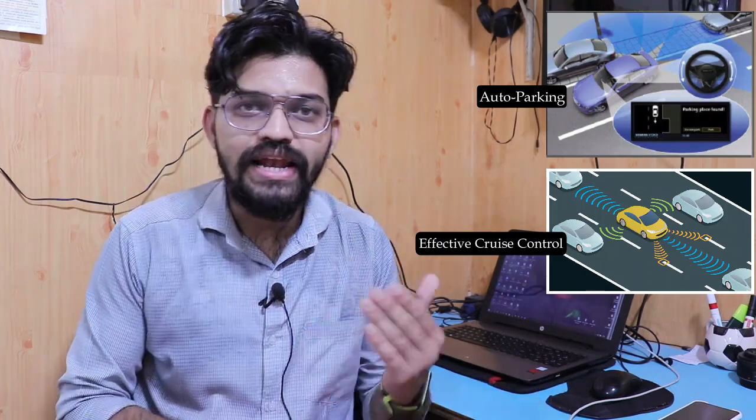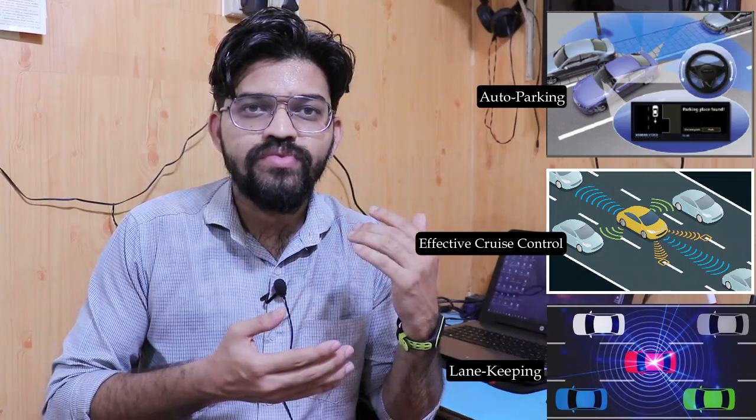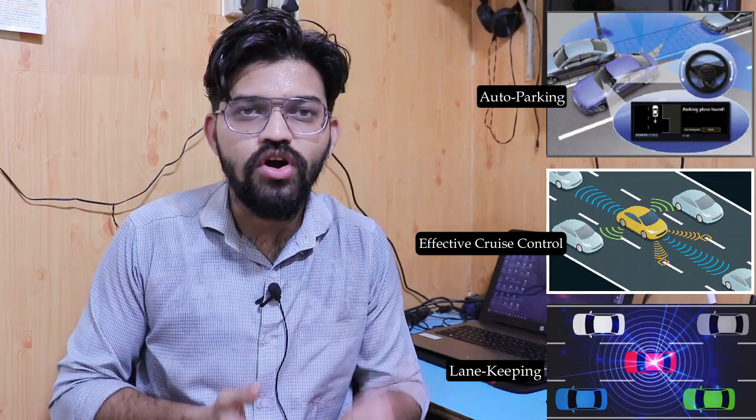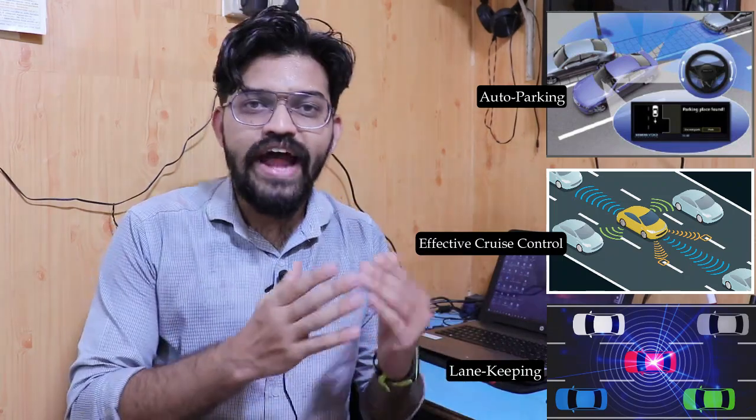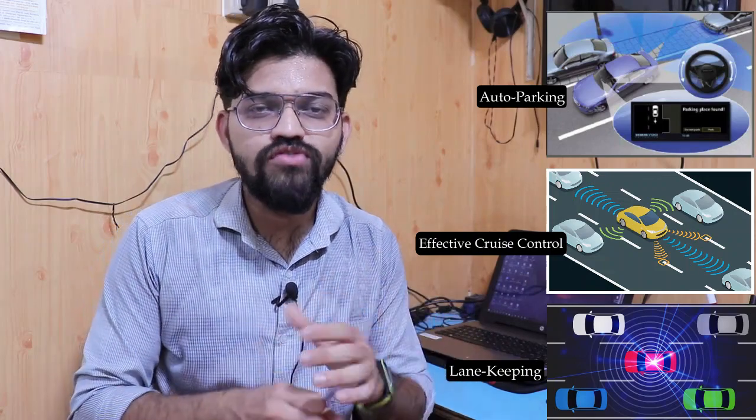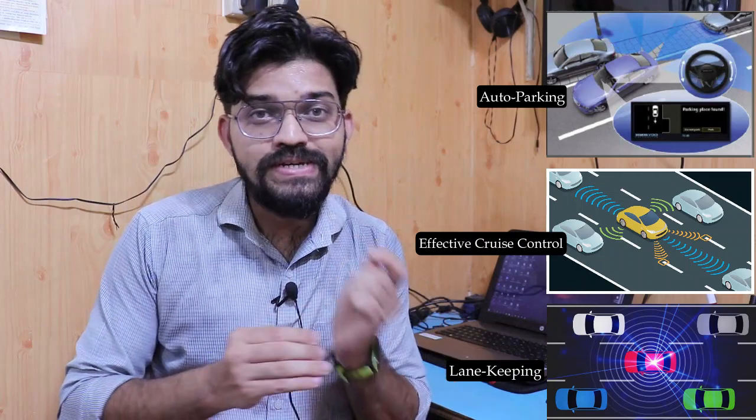Also the lane keeping, so your vehicle will move smoothly on the road in a single lane. So this is also another feature of this autonomous car. Emergency braking, self parking, traffic jam assistance, lane keeping. So these are some of the features of this autonomous car.